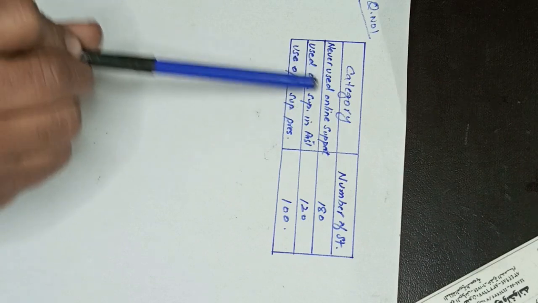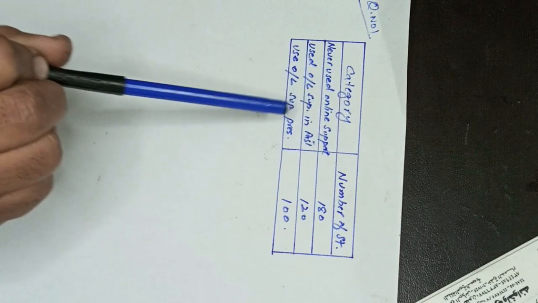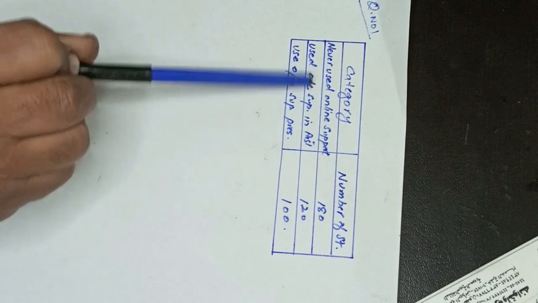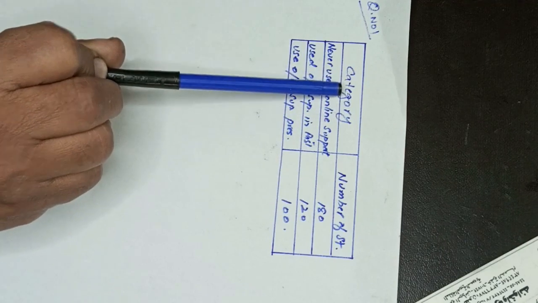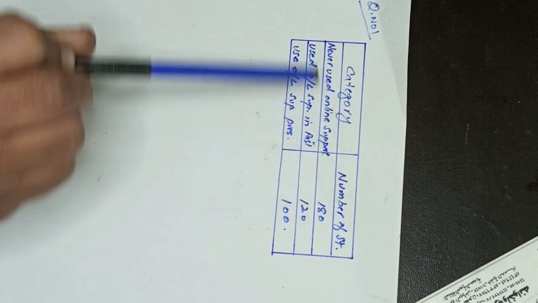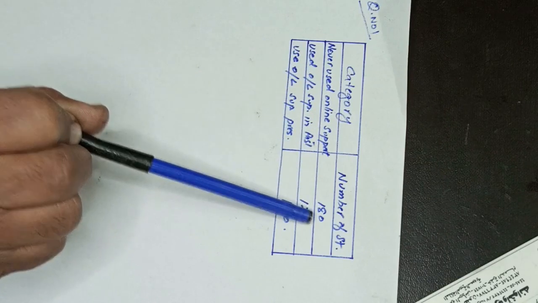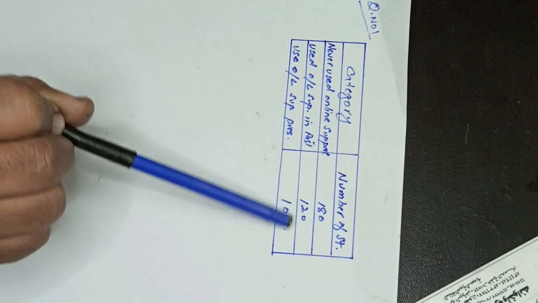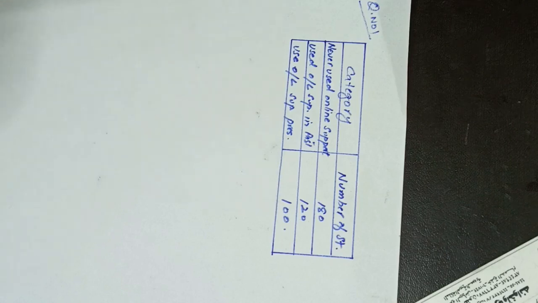This is a 2 into 4 table: 4 rows and 2 columns. Category and number of students. Never used online sport: 180 students. Used online sport in the past: 120. Used online sport presently: 100.